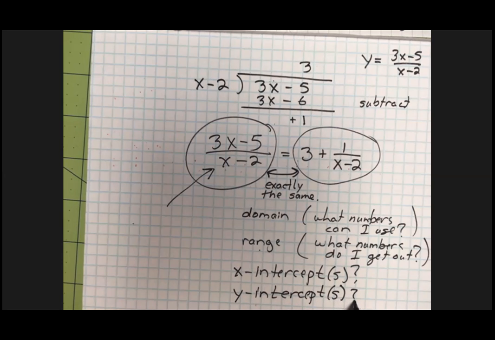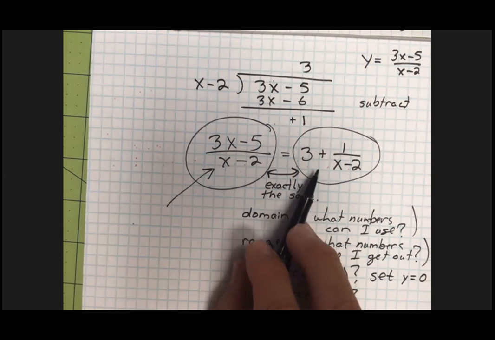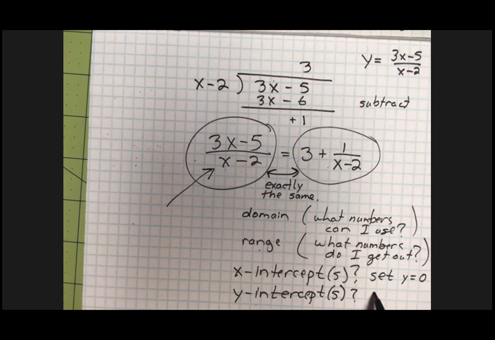Well, no, I got to be careful. Y-intercepts, there can only be one. You find the x-intercepts by setting y equal to 0. Set this fraction equal to 0. Set this expression equal to 0. You find the y-intercepts by setting x equal to 0.